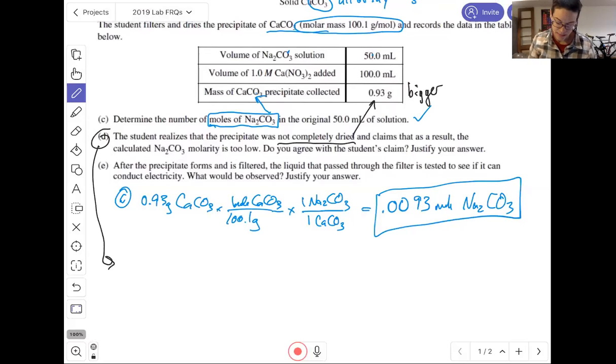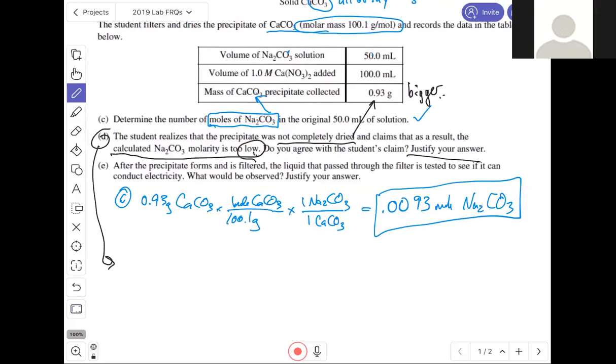Okay, and then it claims that as a result, the calculated molarity is too low. So do we agree with that, and then justify? Do we agree that a bigger number here would give you a molarity that was too low? If I put a bigger number in where we started for C, what does it mean for my number back here?